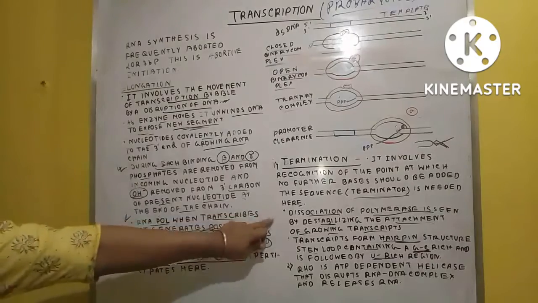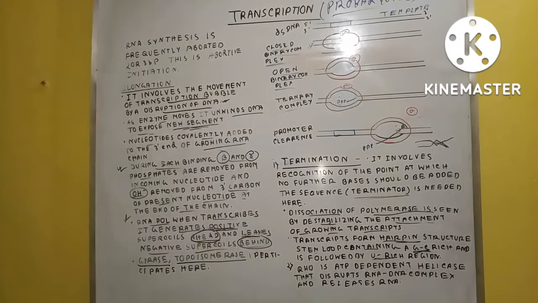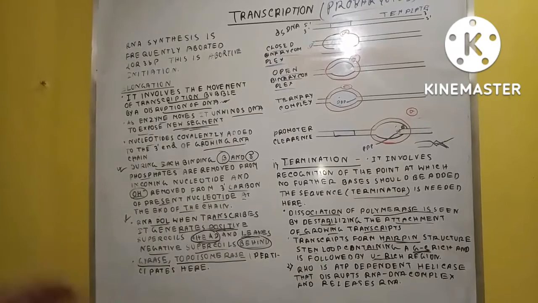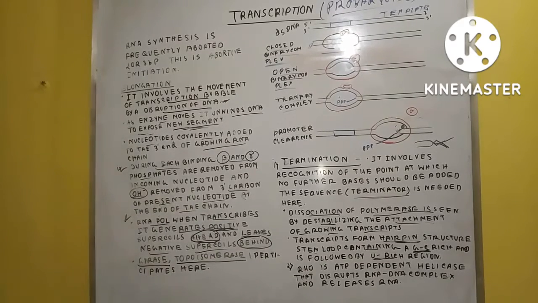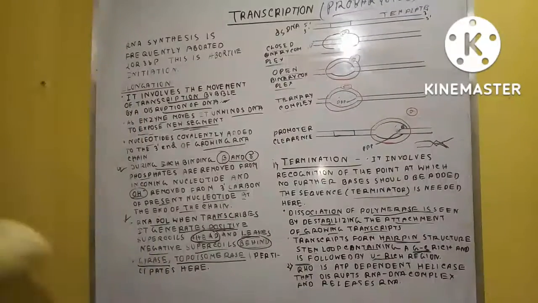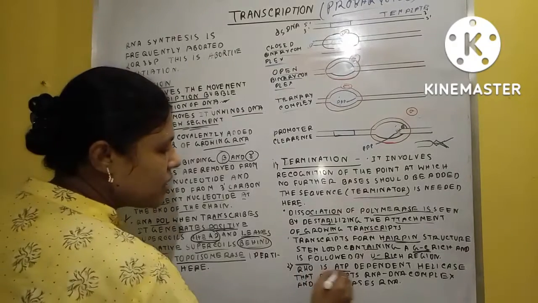So here the rho factor is not important. Some sequence present on the DNA tries to stop the transcription process, and this is known as the terminator. Sometimes this terminator is not important. Sometimes the rho factor is very important, and its activity is dependent on ATP.